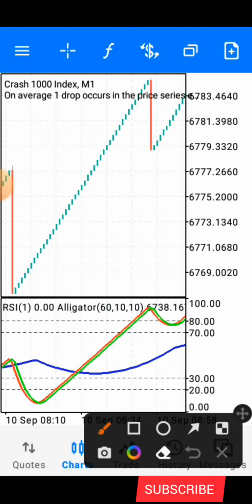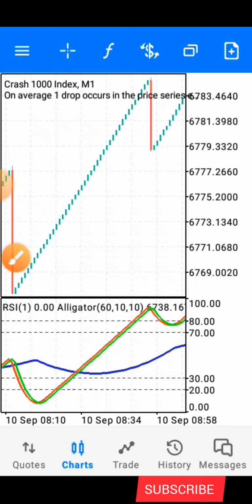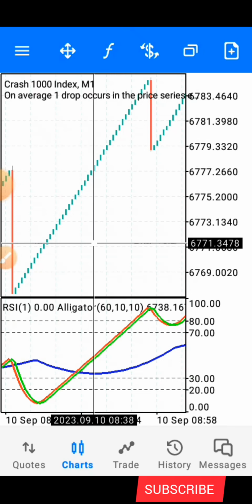Get ready for the crossing. Once you see that it gets to this zone, the next thing you should wait for is the crossing above the blue line. Then you go in for, let's say, 5 candles.